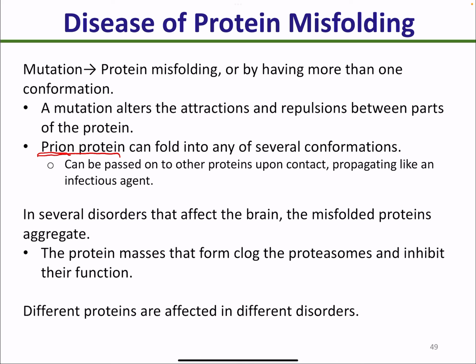So the proteasome has to be able to destroy the misfolded protein. If not, these misfolded proteins are going to cluster together, and as they cluster together, they clog our mechanisms, and particularly when it comes to the central nervous system, that can create a significant amount of mess, right?